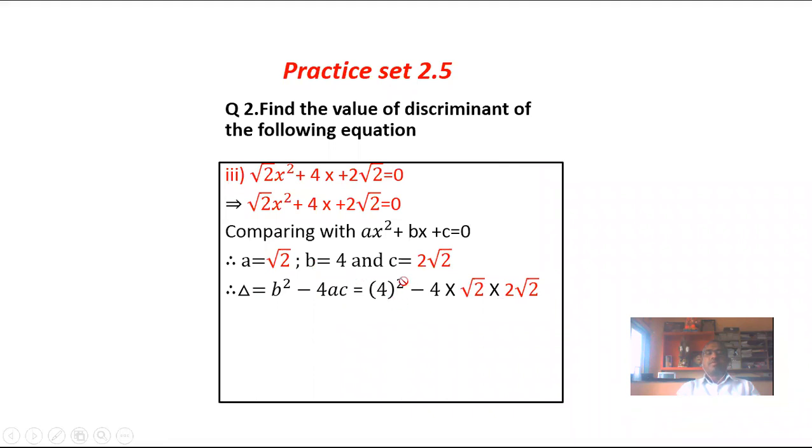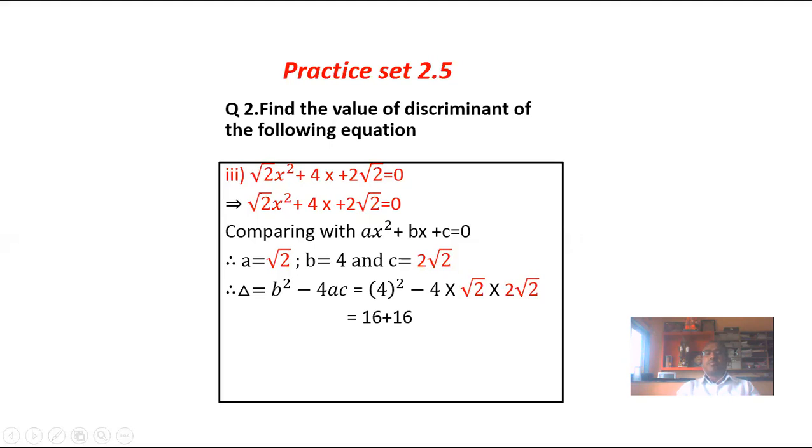The value of b is 4 square minus 4 multiplied by the value of a, root 2, multiplied by 2 root 2. Here 4 square is 16 minus 4 into root 2 multiplied by 2 root 2. Root 2 multiplied by root 2 is square root 4.